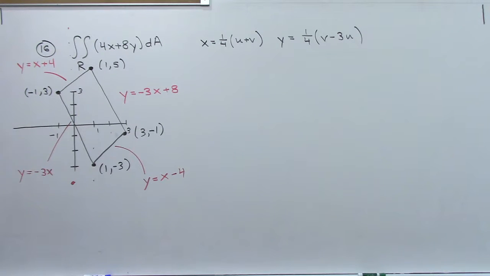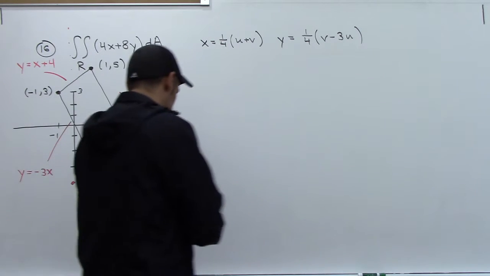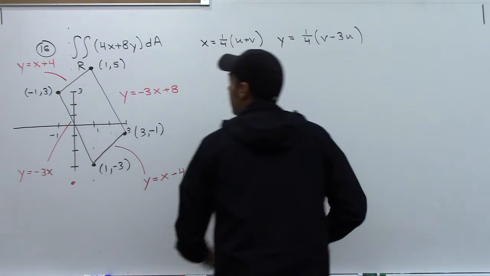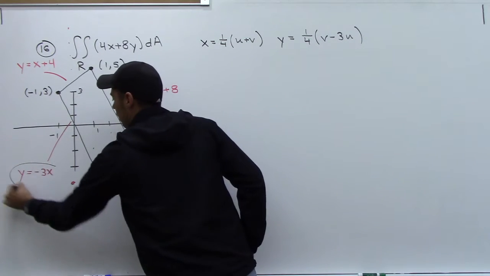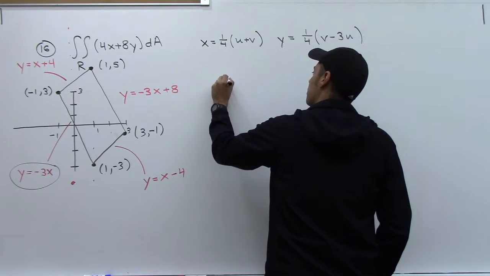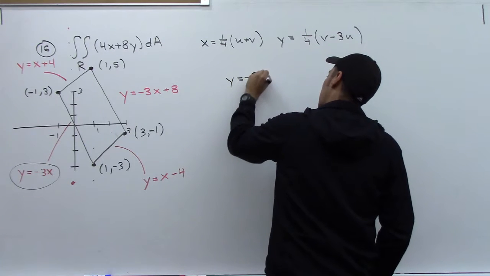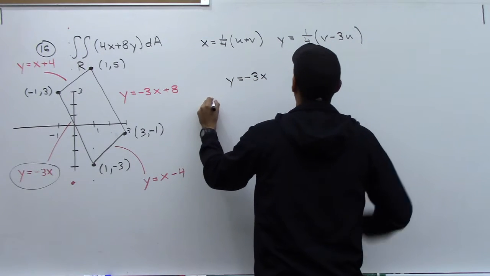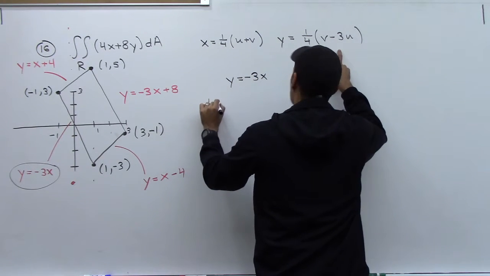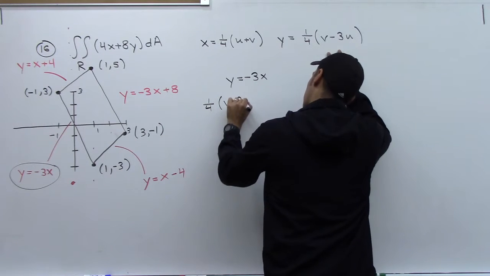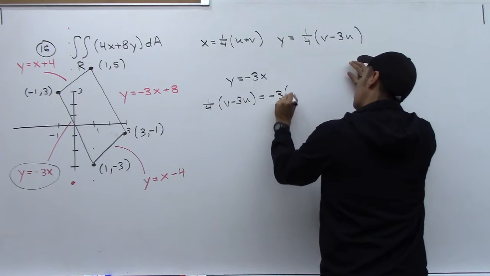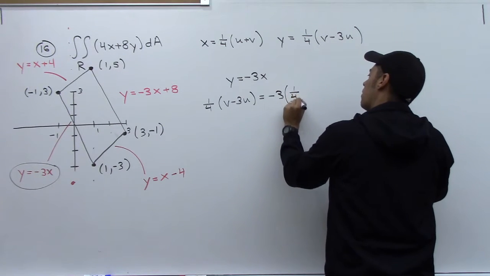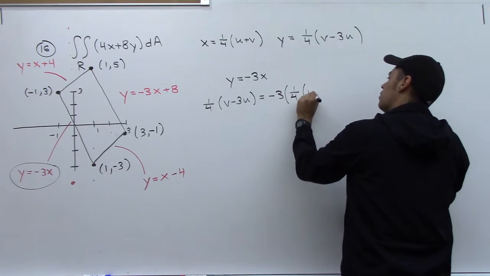Okay, so now let's take a look at what these look like with these transformations. Let's take this one first. Y equals negative 3x means that y, which is 1/4 v minus 3u, must equal negative 3 times x, which is 1/4 times u plus v.